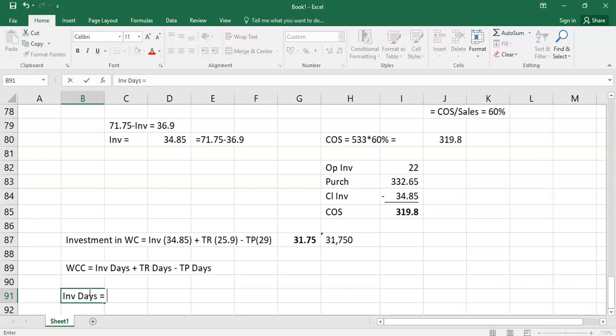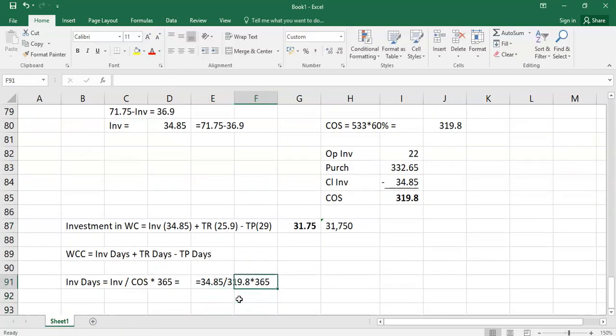So inventory days is inventory divided by cost of sales times 365. So in our case here, it'll be 34.85 divided by 319.8. That's why you need to calculate cost of sales. Times 365.